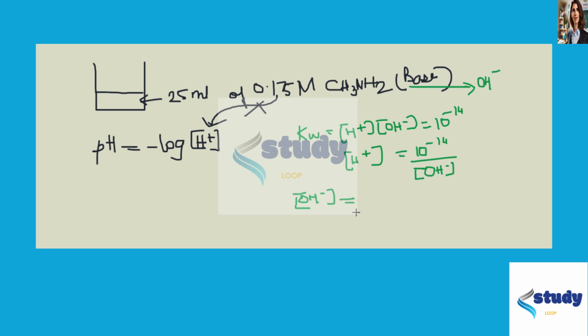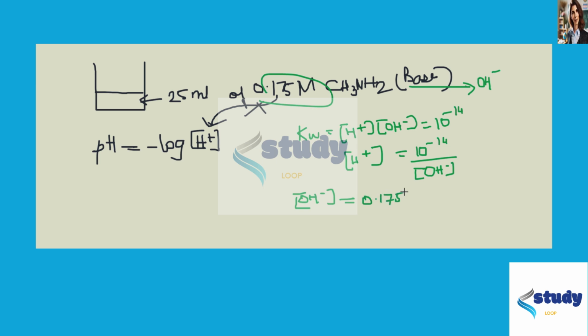So you have to find the concentration of the OH minus ions, which is pretty simple because you have 0.175 over here.